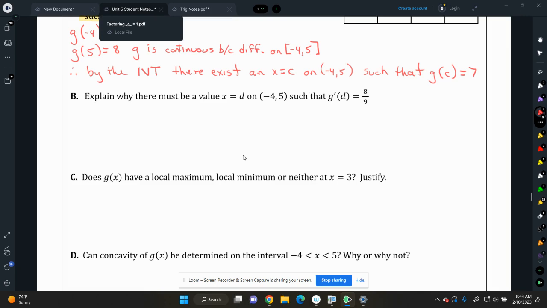Okay. So the fact that G prime is equal to 0 at that point, and G prime is changing from increasing to decreasing at that point, right? And then if we look at G double prime at this point, what's G double prime? -2.